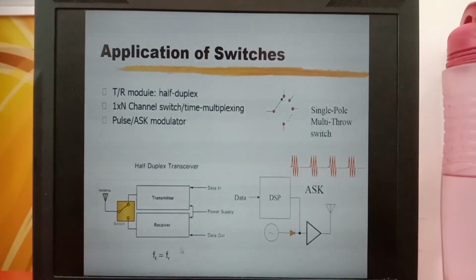The transmit signal and the receive signal can be of the same frequency because this is time division multiplexing. A microwave switch with 1 to n channel, or single pole multi-throw switch, can be used to perform time multiplexing.